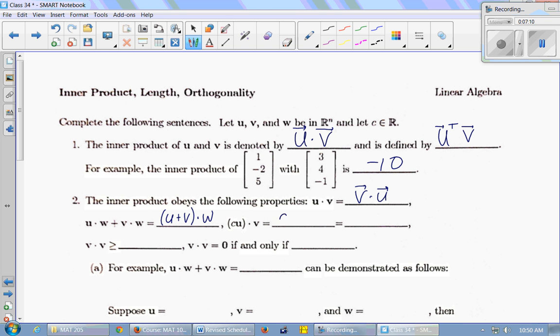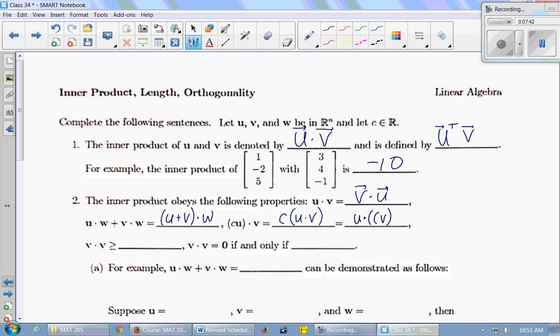So this is the same thing as C times U dot V, which is the same thing as CUV with no parentheses. And because you can commute, this is the same thing as U dotted with CV. So you can put the scalar anywhere, basically, on any vector you want.